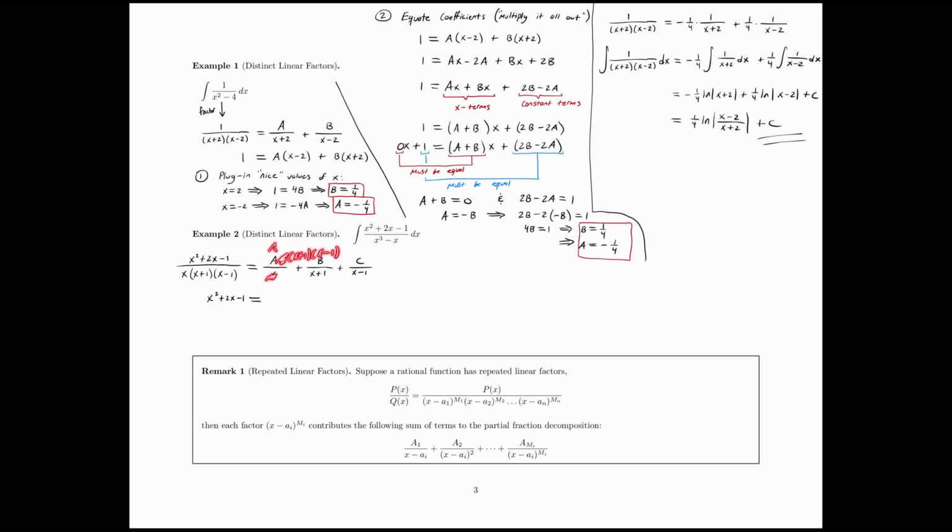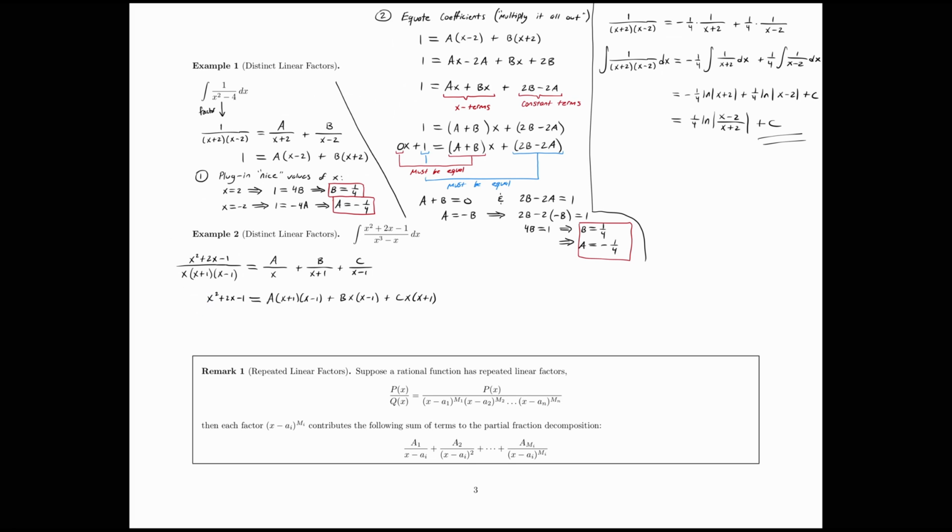But here we'll be left over with A times these two pieces, x plus 1, x minus 1. So this will be A, x plus 1, x minus 1, plus B, the commonality will cancel, so we'll be left over with x times x minus 1. And similarly, the commonality canceling, we'll be left with Cx times x plus 1.